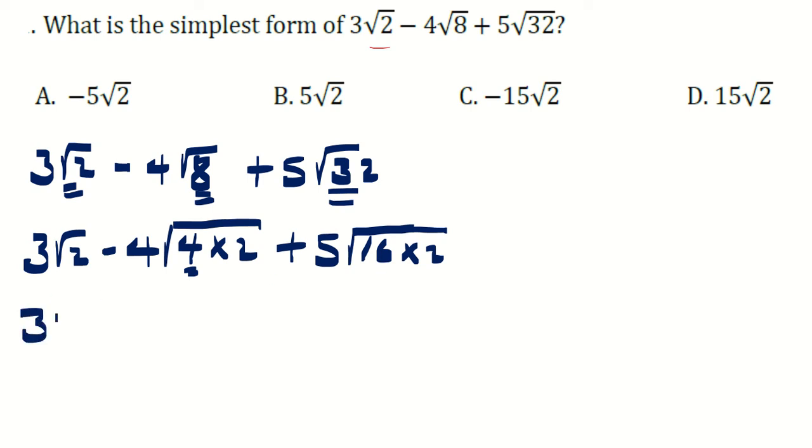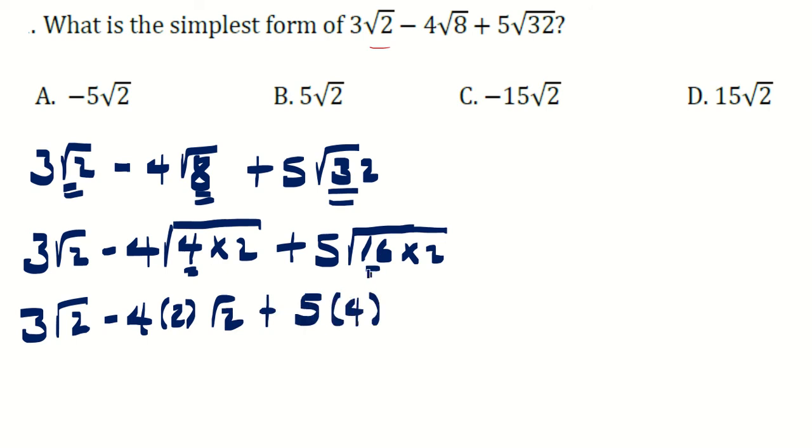Therefore 3 root 2 minus this 4 will be extracted from the square root, which will be 2, and that 2 will multiply the 4. So 4 times 2, then root 2, plus 5 times 4, because the root of 16 is 4, times root 2.